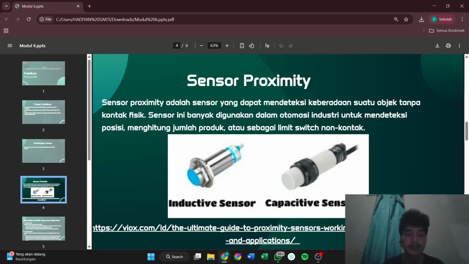The first type is the inductive proximity sensor, which can only detect metal objects such as iron or aluminum. It works by generating an electromagnetic field around the sensor.